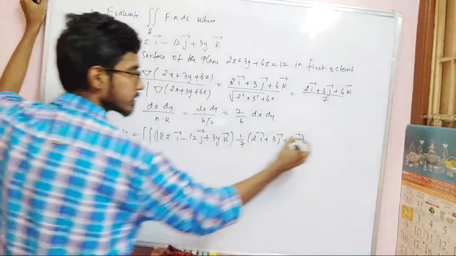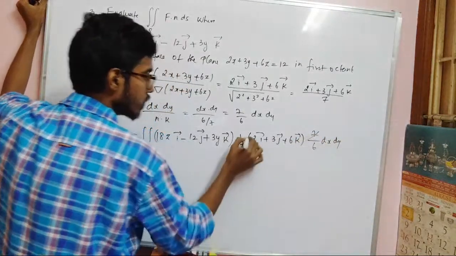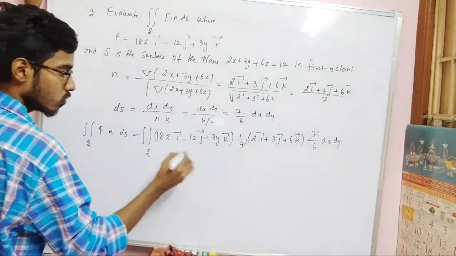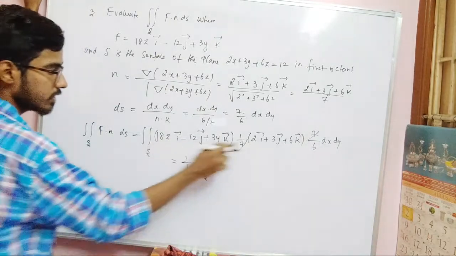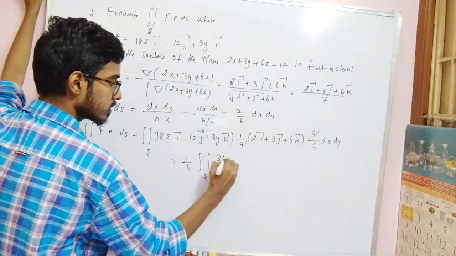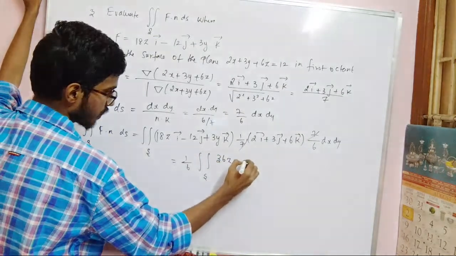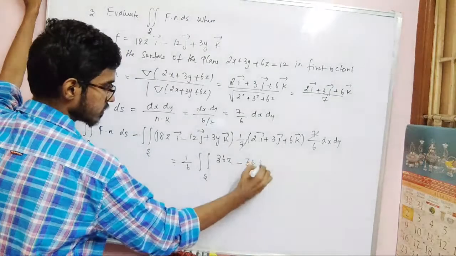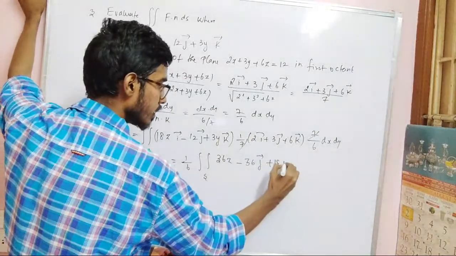So dS is 7 by 6 dx dy. So this 7 will get cancelled, so I can take 1 by 6 outside. So double integral over s: 18z into 2, so we have 36z, minus 12j into 3, so we have again minus 36. 3y into 6 is 18, k vector.